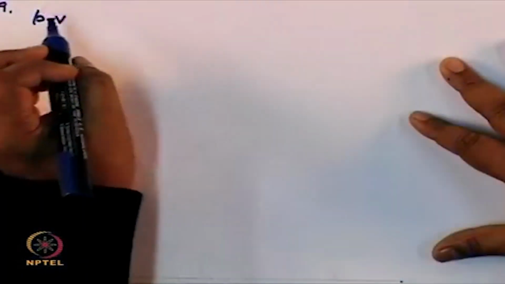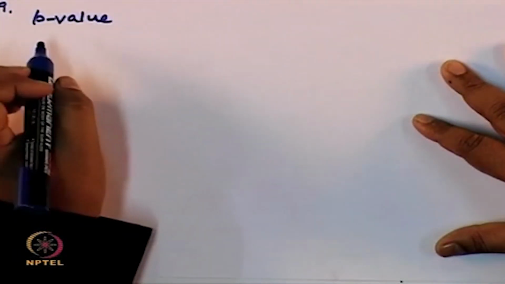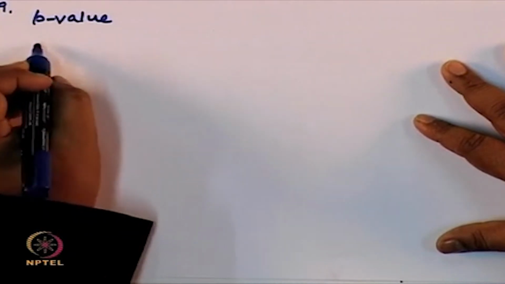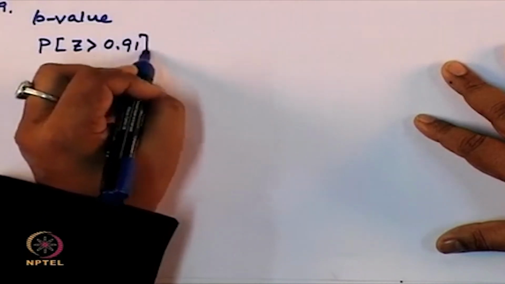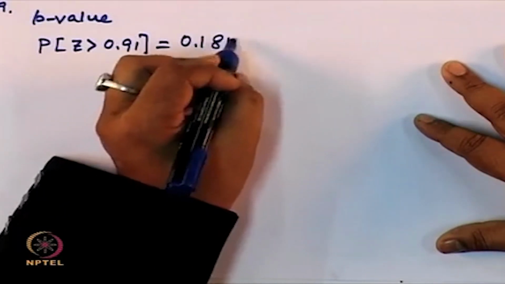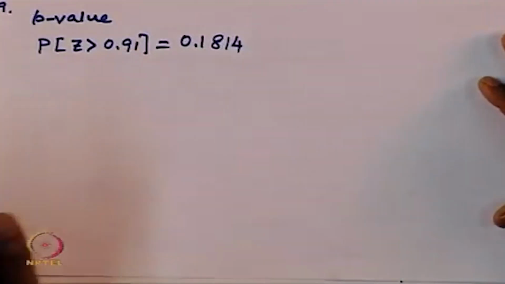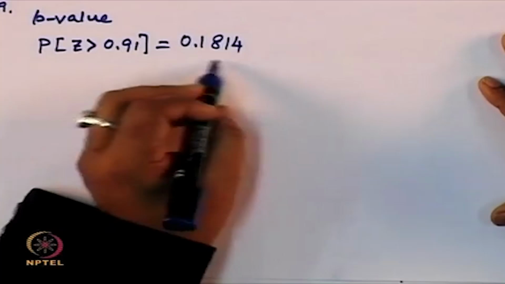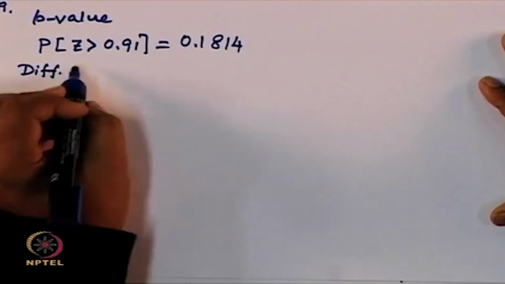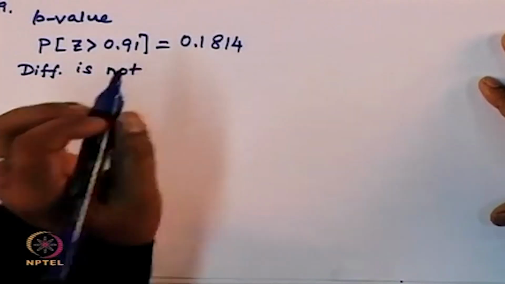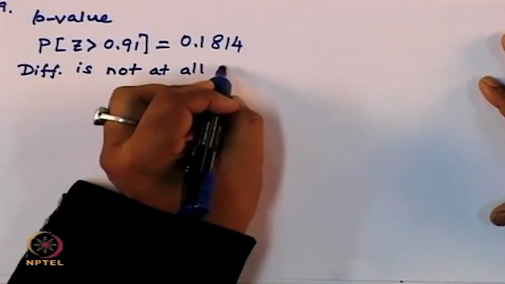I can also calculate the p value for this case. I want to calculate the probability of z greater than 0.91, which comes out to be 0.1814. This probability is way too high, so the difference is not at all significant.